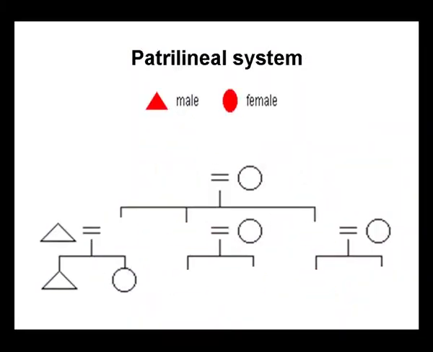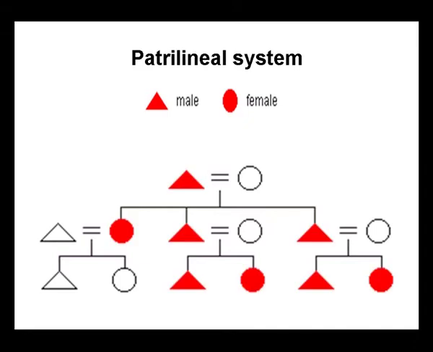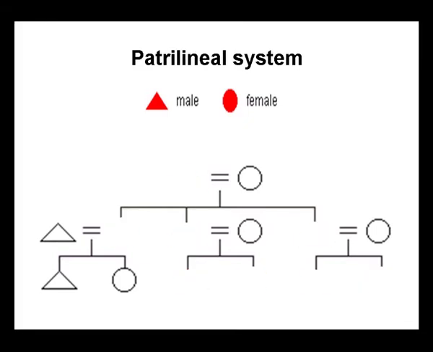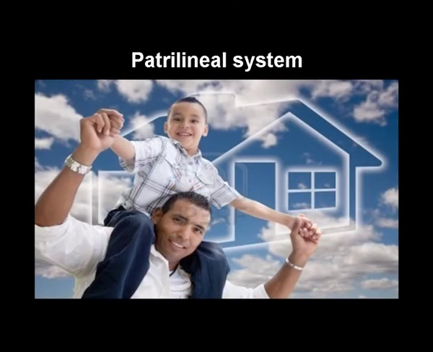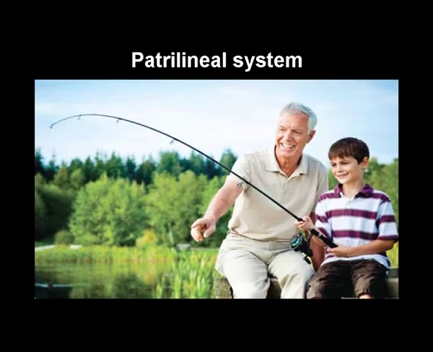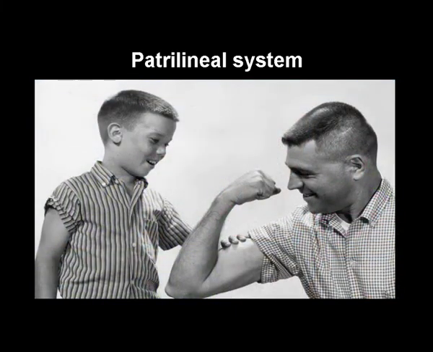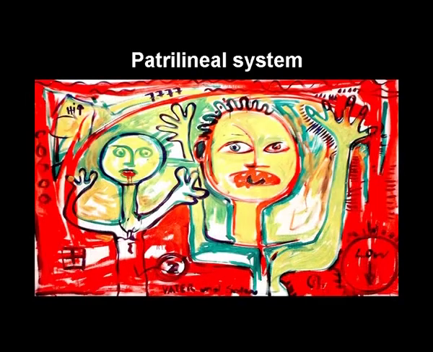In the patrilineal family, property inheritance and descent is traced through the male members, that is grandfather to father, from father to son and then from son to grandson. The male members of the descent group comprise the core membership of the patrilineage group.